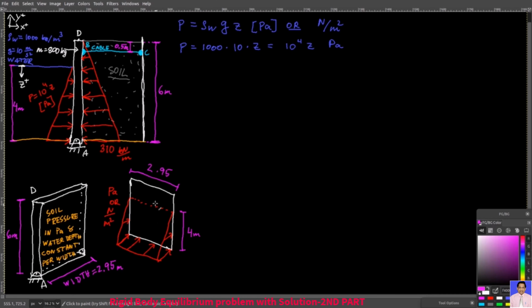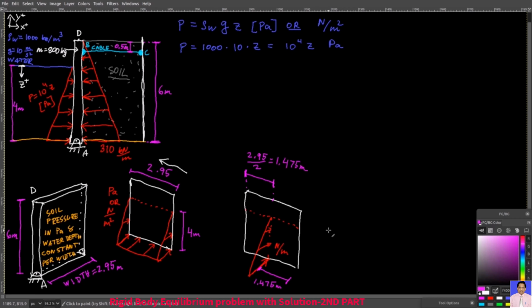Note that this is in pascals or newtons per meter squared. It's the pressure that is applied to the entire surface of the wall. However, the depth of water does not change when you go in the direction of the width. It means that we can easily obtain the equivalent distribution per unit length in newtons over meter that will act vertically in the middle of the wall.